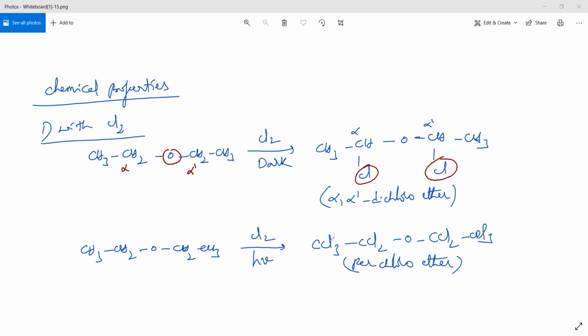If it is in presence of sunlight, all hydrogens, that means here 2 hydrogens, 3 hydrogens, here 2 hydrogens, 3 hydrogens, are all substituted by chlorine atoms. So CCl3, CCl2O, CCl2, CCl3. Or simply we can write C2Cl5OC2Cl5, perchloroether.